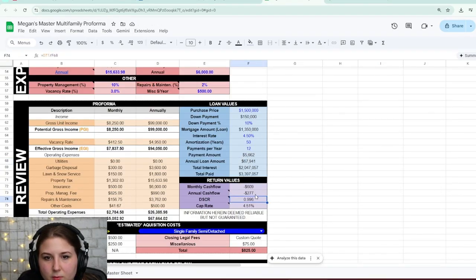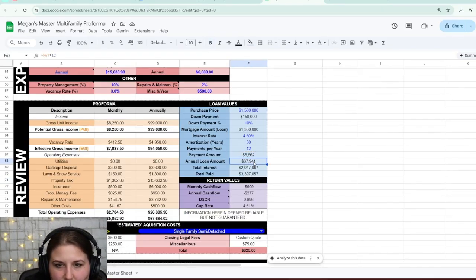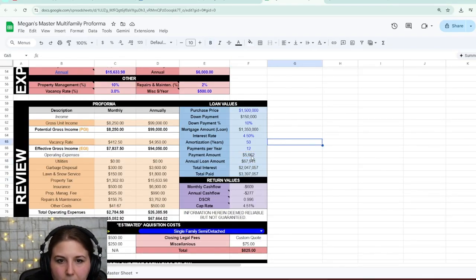10% down. Total loan amount. Wait a second, I just made this sheet. Annual loan amount, correct. Payment amount, correct.